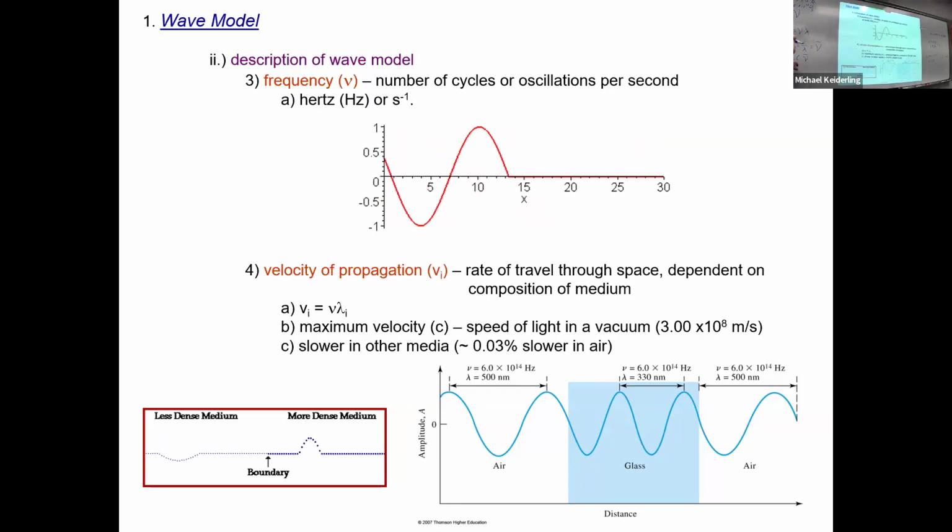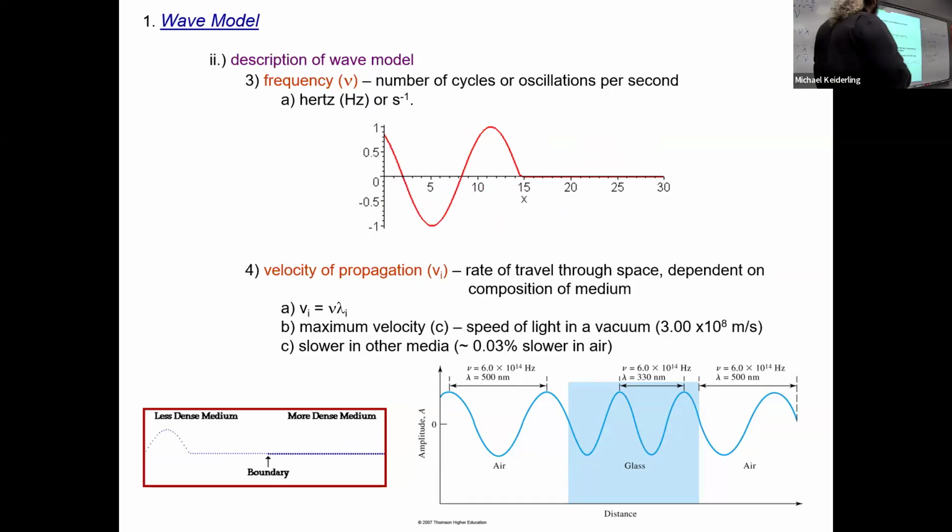So if you want to go from wave number to frequency, you multiply by 3 times 10 to the 10, and vice versa. This is one of those units that got used historically, and it can be a little confusing.